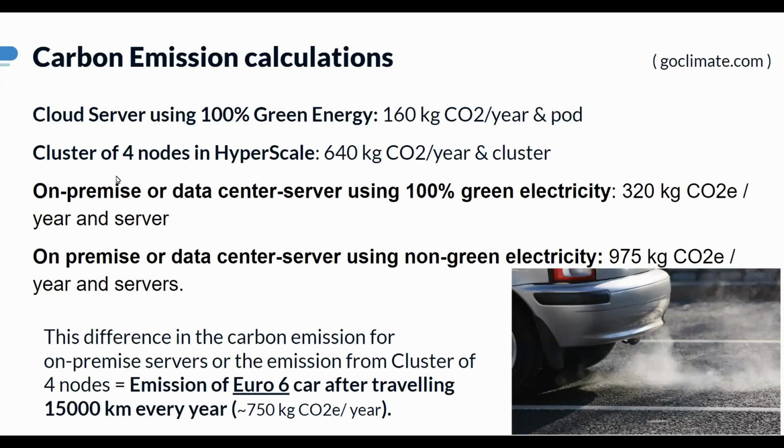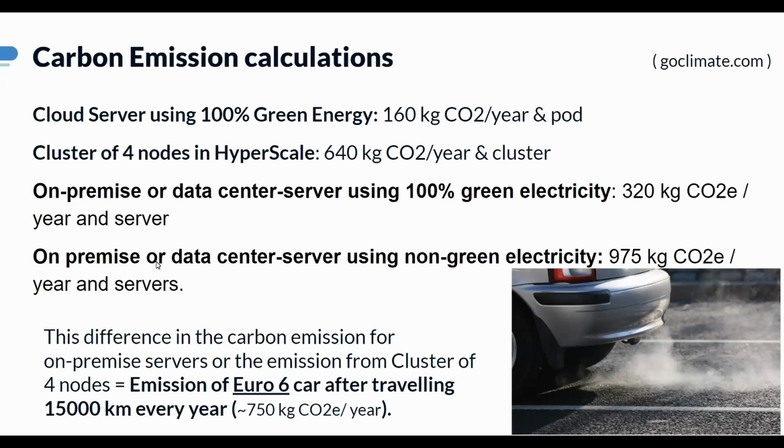And if we take on-premise or data center servers that are using 100% green electricity, it is witnessed that 320 kgs of CO2 equivalent are produced per year per server.